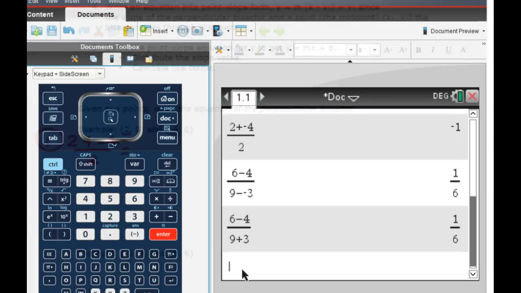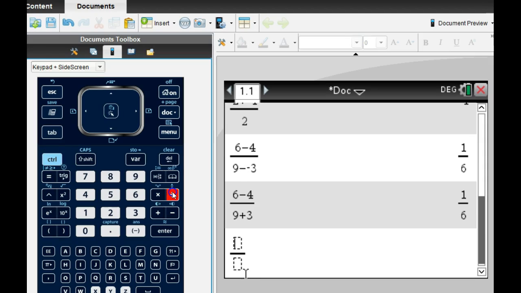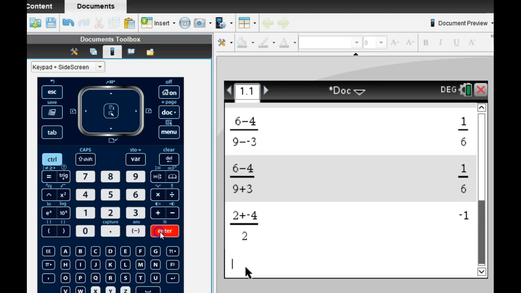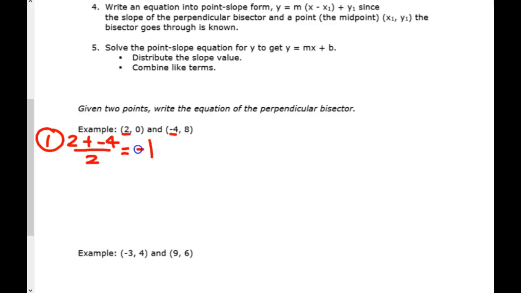But calculator's always our friend. You could do control divide. Control divide makes it a fraction. 2 plus negative 4 divided by 2. Okay? So you always have the ability to use your calculator, right? So negative 1 is my x value for the midpoint.